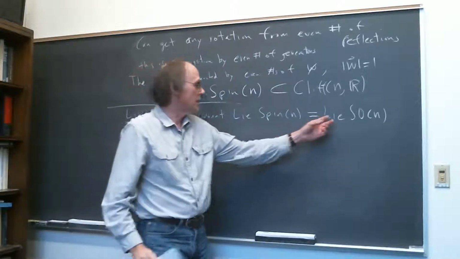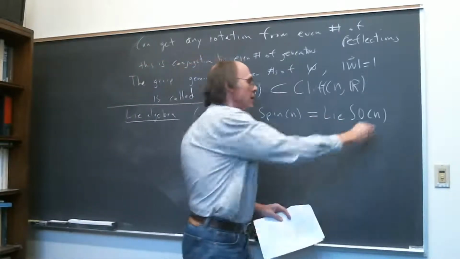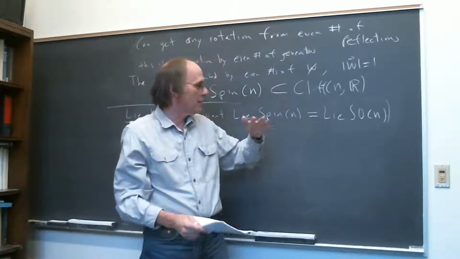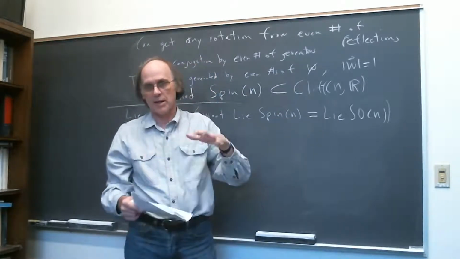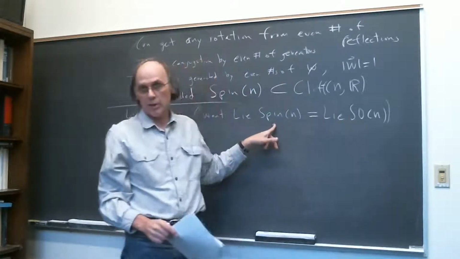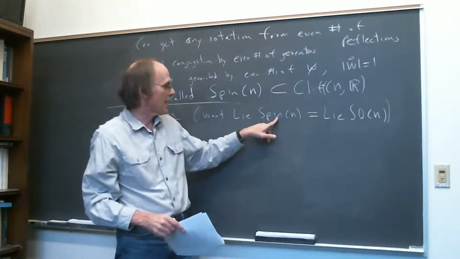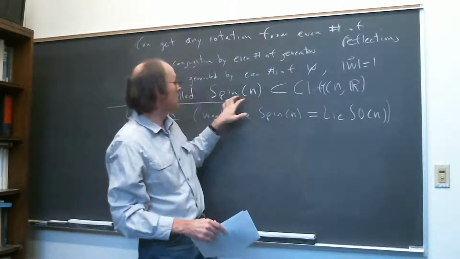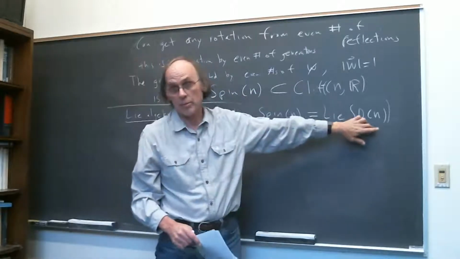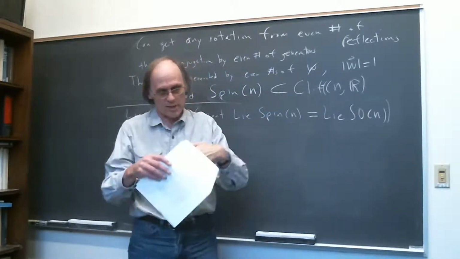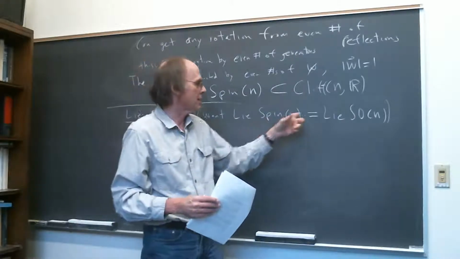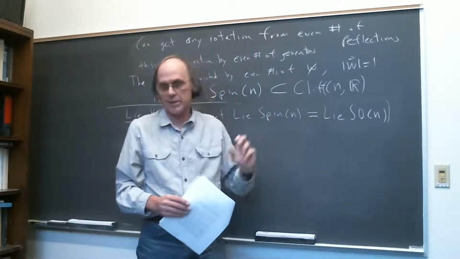Remember, near the identity these groups look the same. They have the same Lie algebra. It's only that Spin(n) is a double cover of SO(n), but as far as what's happening on the tangent space at the identity, it's the same Lie algebra.